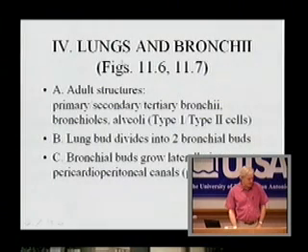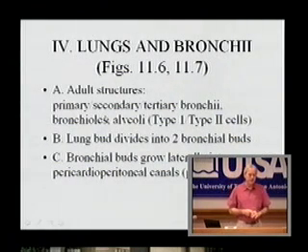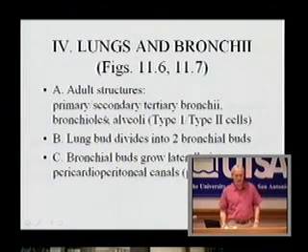So one of the focuses for today is a discussion of the lungs and the bronchi. We recall the adult structures. There's primary, secondary, tertiary bronchi, and then on to bronchioles, and then a few more branches before finally getting to the alveoli.